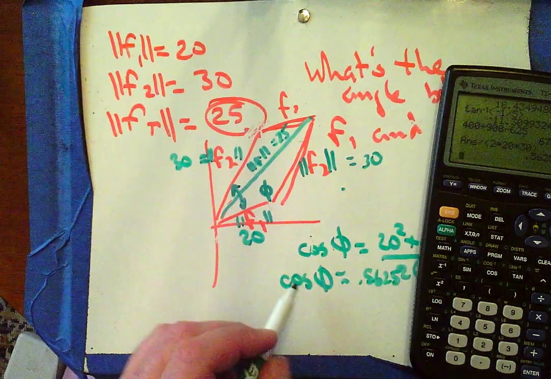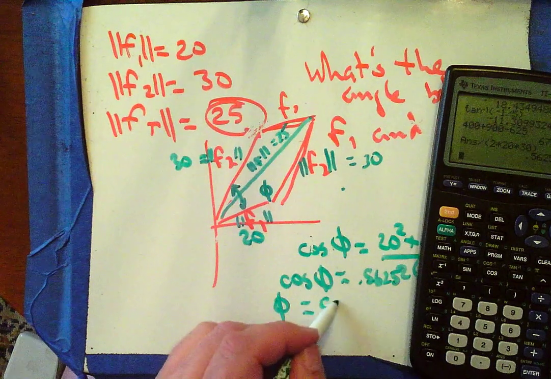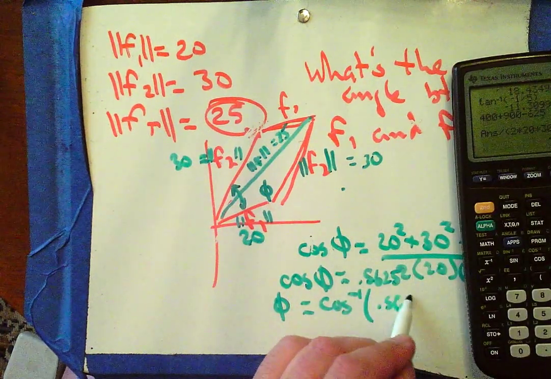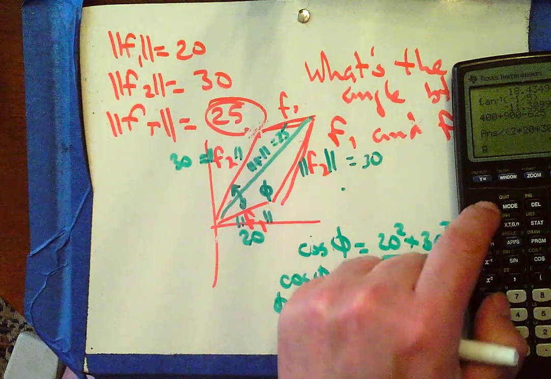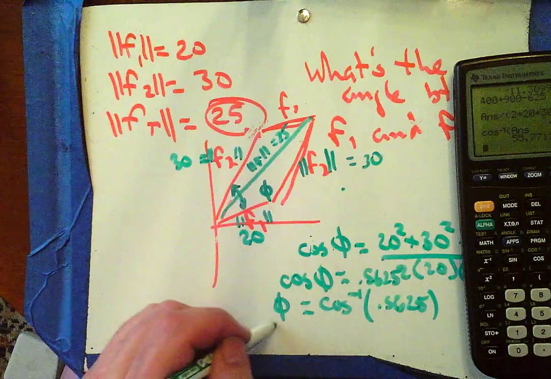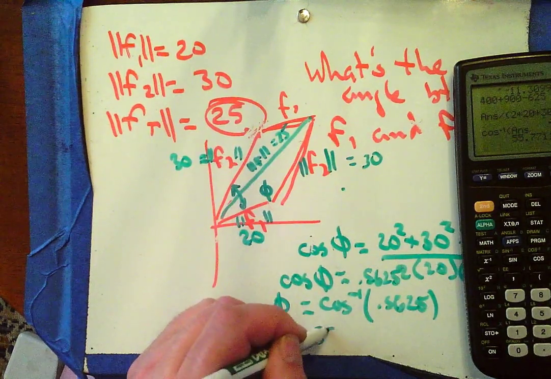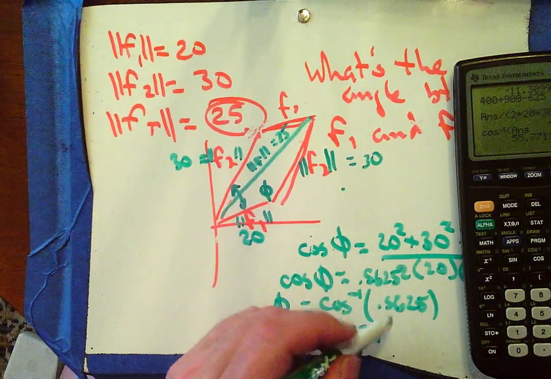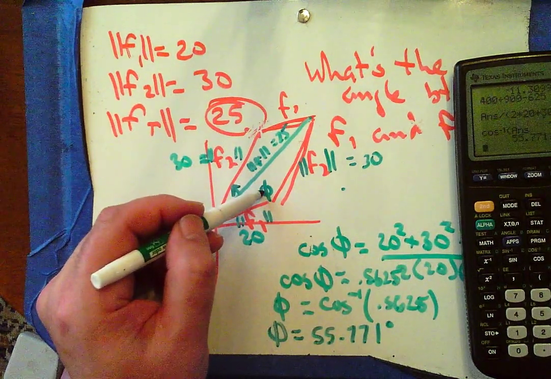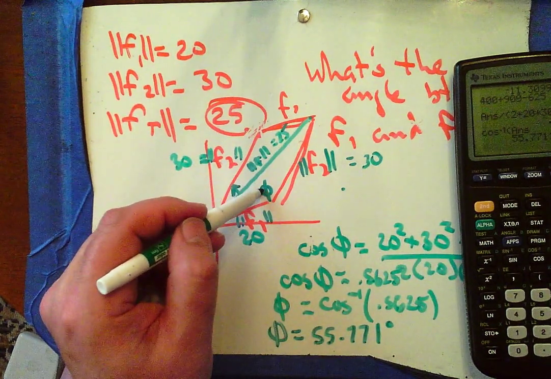Remember, we don't want the cosine of this, we want phi itself, so we need to take the inverse cosine of both sides. So inverse cosine, and now we've got that phi equals 55.771 degrees. This angle is 55 degrees. Aha, this angle is 55.